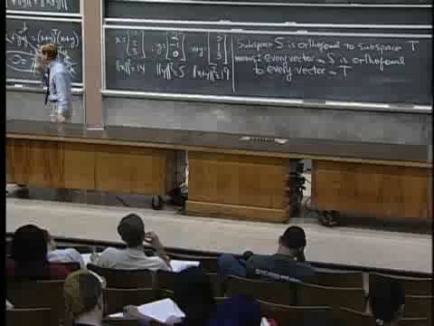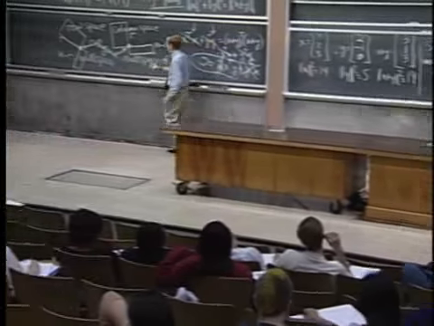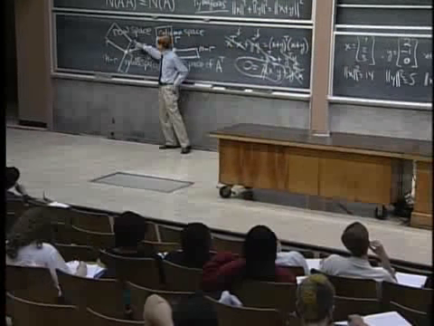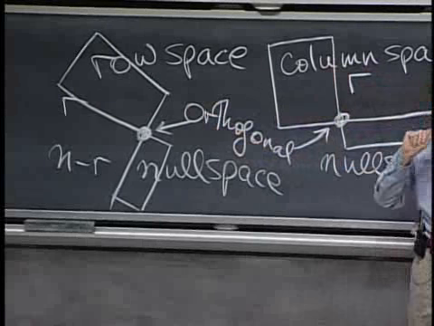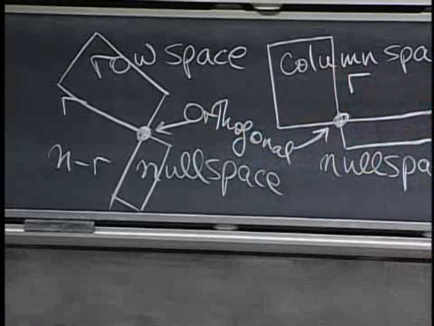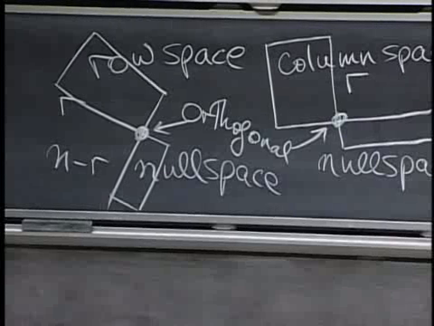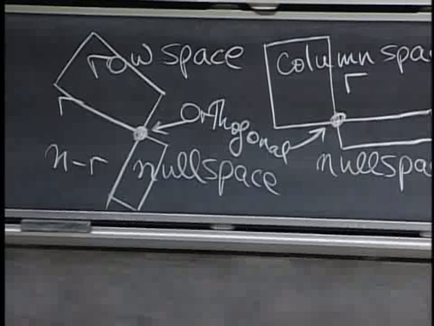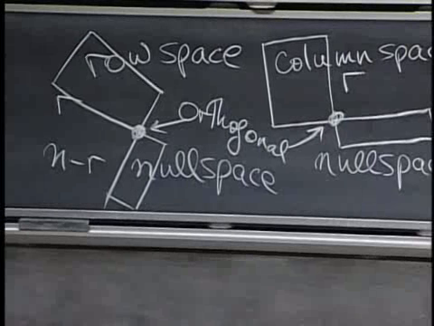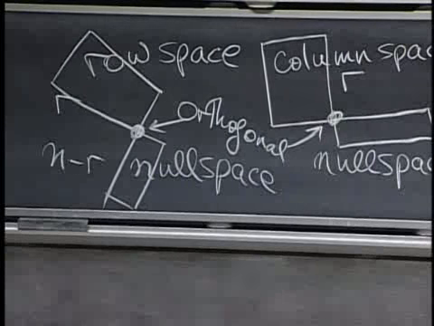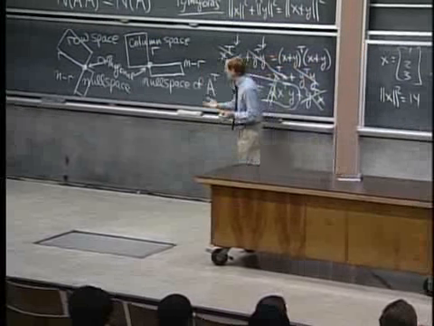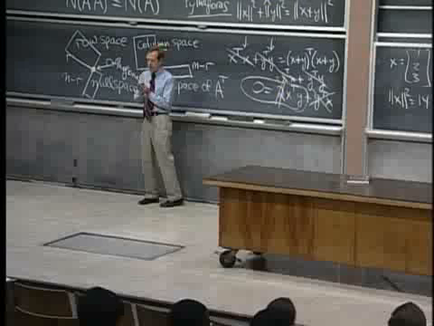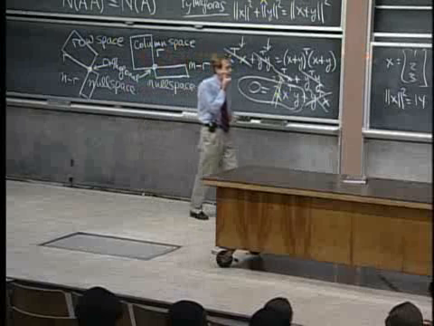So for me to say these two subspaces are orthogonal, first of all, I'm certainly saying that they don't intersect in any non-zero vector. But also, more than that, just not intersecting isn't good enough. So give me an example.